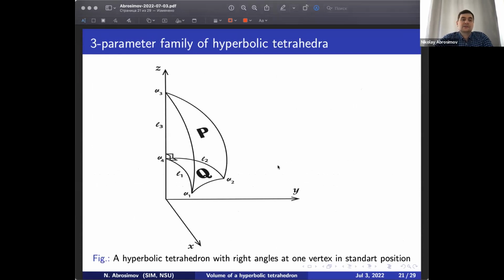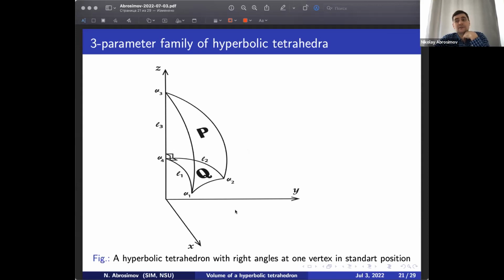And we decided to consider the following three-parameter family of hyperbolic tetrahedra, namely a hyperbolic tetrahedron with right angles at one vertex. So it has three edges adjacent to one vertex, V4 on this picture, which are pairwise orthogonal to each other.